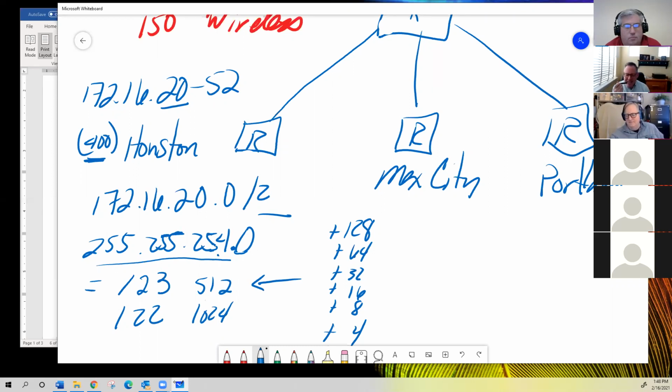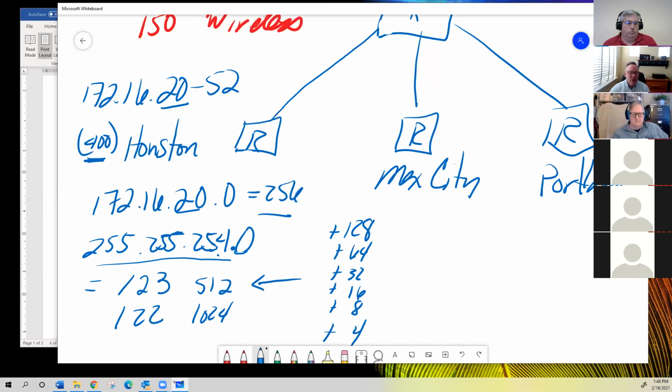That is the sticky point. That's a hard one for people to figure out. We started with the 20 net, and we knew that this 20 net is equal to 256.